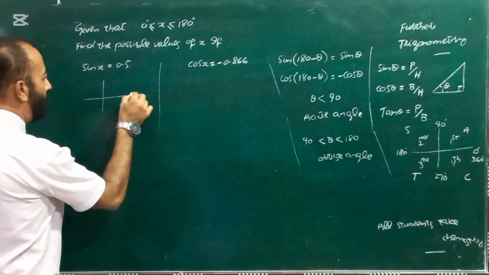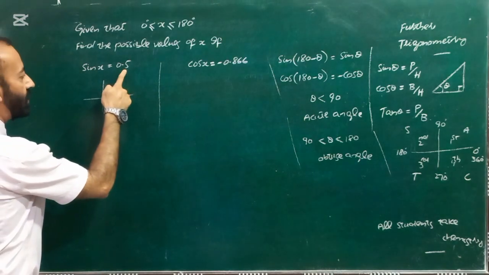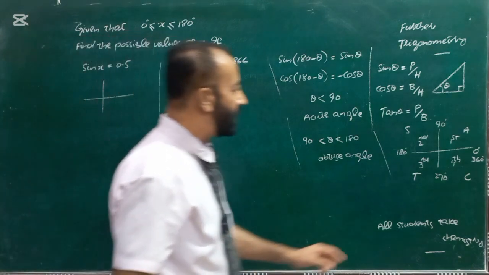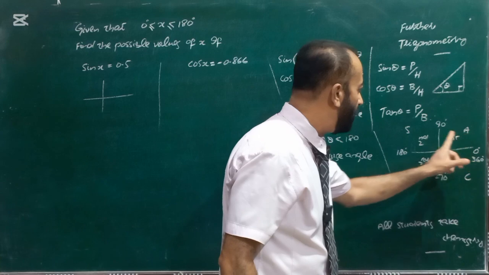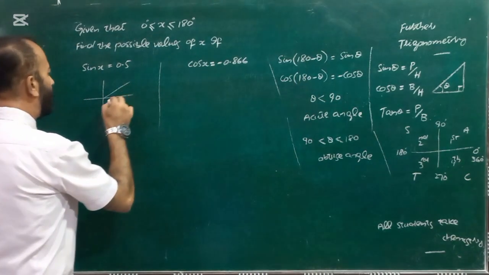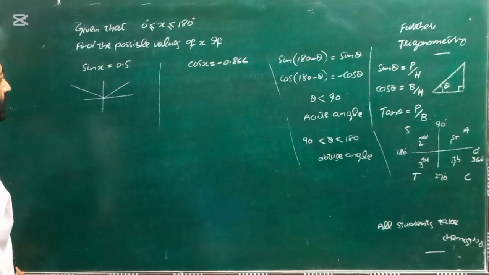First you have to make the quadrants. And because sine's value is positive, so from here we can see sine is positive in first and second quadrant. So we will draw lines in the first and second quadrant.